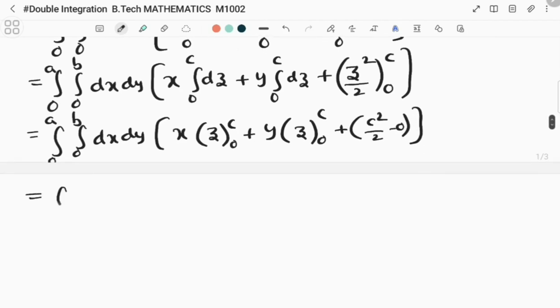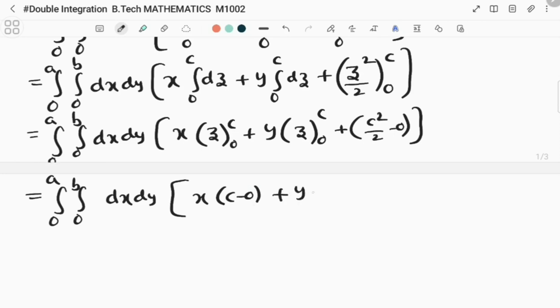So this is equal to integral 0 to a dx. Each and every term with respect to y we are integrating. So x integral 0 to b xc into dy, integral 0 to b yc into dy, integral 0 to b c square by 2 into dy.